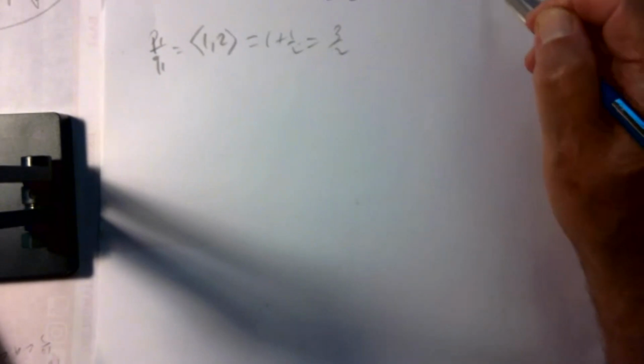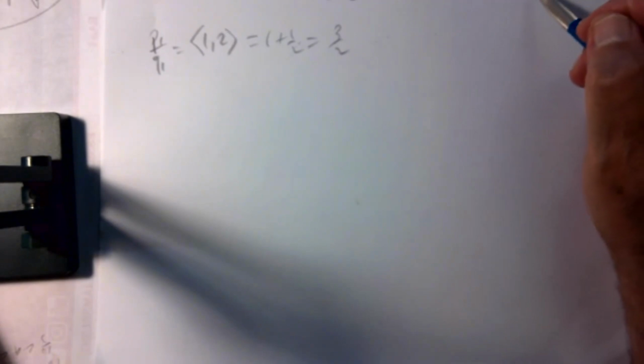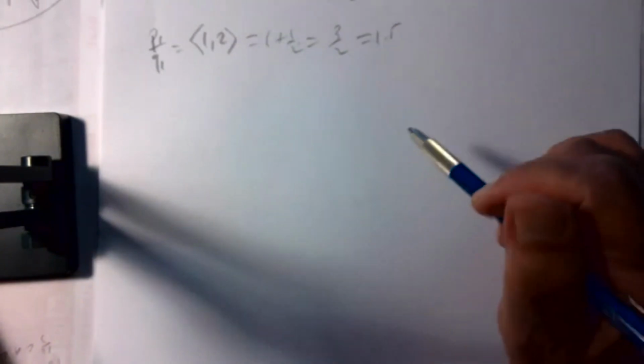It's 1.414213562 and so on. So P1 over Q1, that's 3 halves or 1.5.